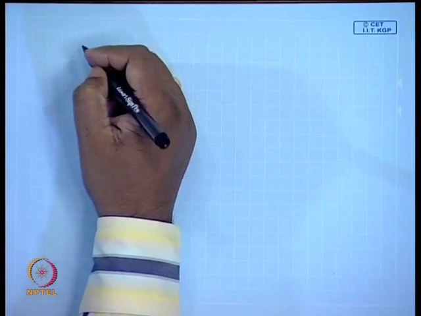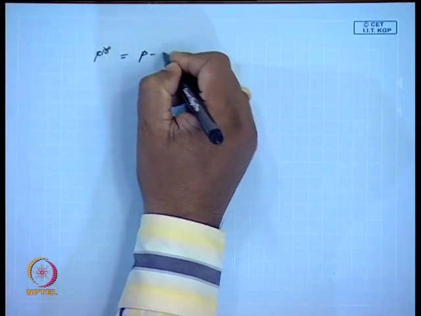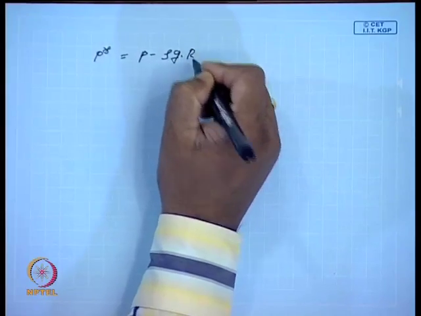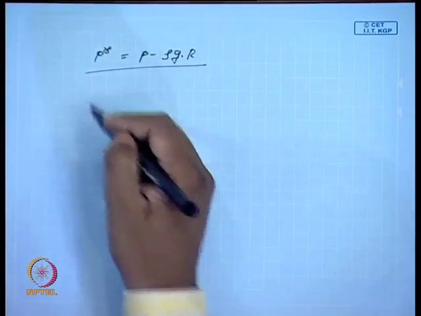Now, I will further simplify this. Because g is a constant, if the gravitational force is constant and rho is constant, and in most cases we assume the fluid density is constant, in such a situation I can always write P star equal to P minus rho g r, where r is the position vector.